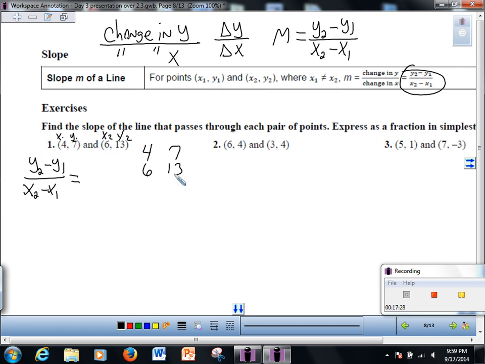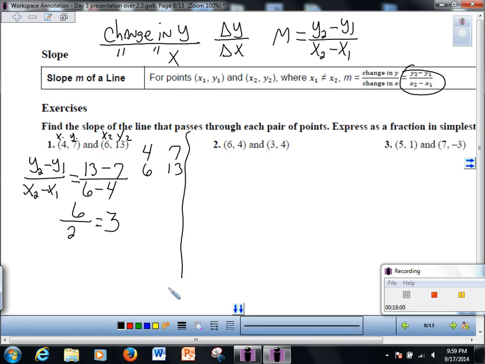We're going to do the same thing. I'm going to go 13 minus 7 over 6 minus 4. And then do a lot of this in your head. 13 minus 7 happens to be 6, divided by 6 minus 4 happens to be 2. The slope of that line is 3. That's all there is to find in slope.